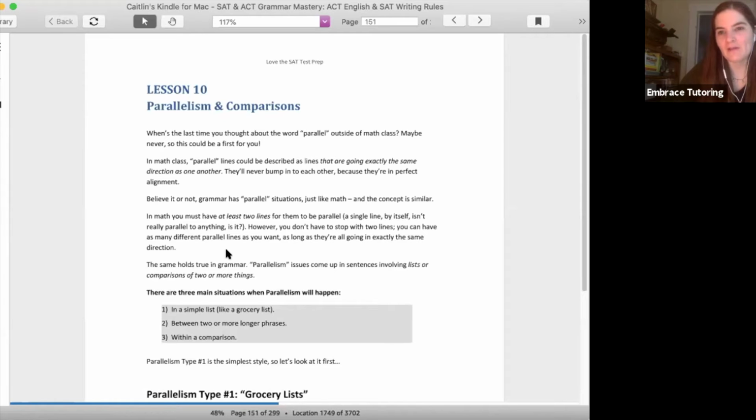They're in perfect alignment. Grammar has parallel situations, just like math, and the concept is kind of similar, okay? But it's not anything to do with math, okay? So when we're talking about parallelism in grammar, we're talking about parallel structure.